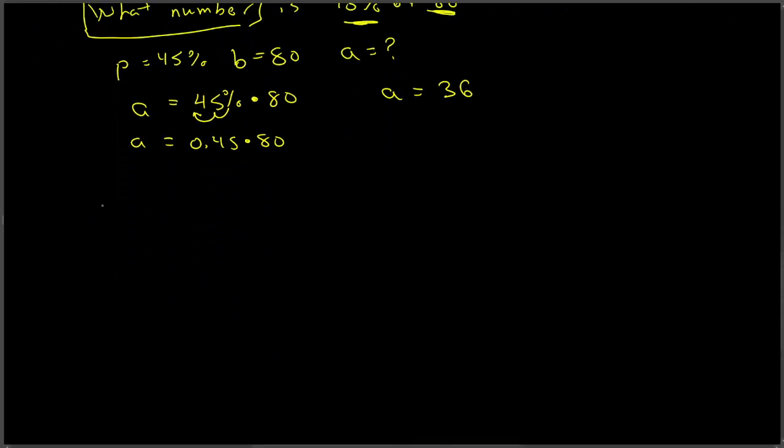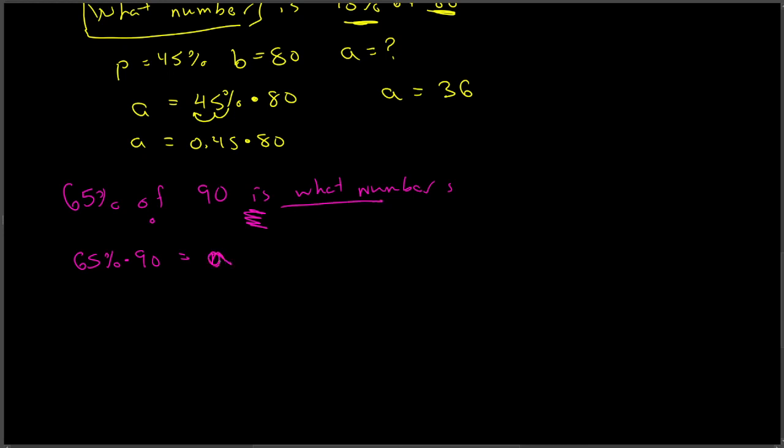And let's see. We'll do a couple more here. 65% of 90 is what number? So again, I have my equal sign and my multiplication. So 65% times 90 equals some unknown number. Now if we look at this as the percent base, here's my amount. This is A. My percent is 65%, and my base is 90.